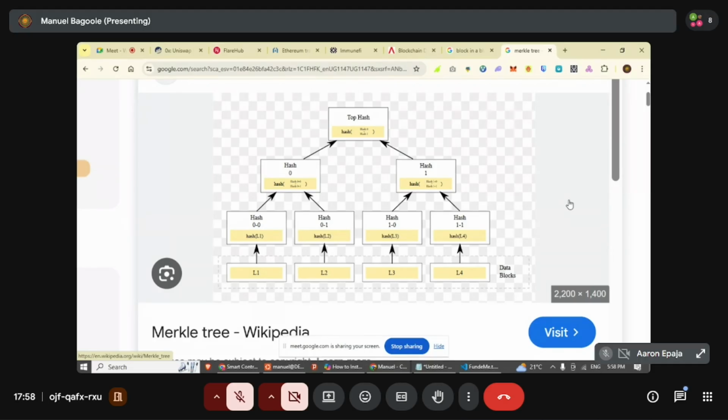Now, if you want to verify if transaction A actually exists in block 262 something, instead of having to go back to all the transaction information and verify if there's a transaction hash with that specific hash within the block, you simply compare that transaction hash against the Merkle root to verify if that Merkle root is derived from a combination of transactions which include the transaction hash that you have.